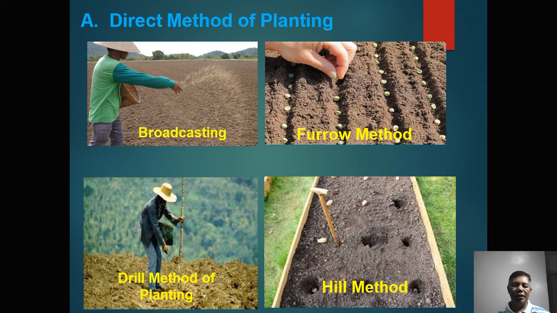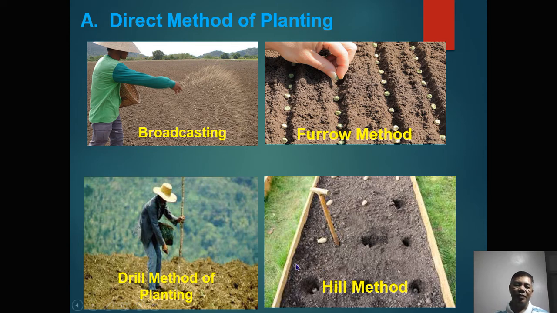So what the gardener is doing, he or she just makes a hole in the area, then places manure, animal manure, chicken dung, vermicast, something like that.